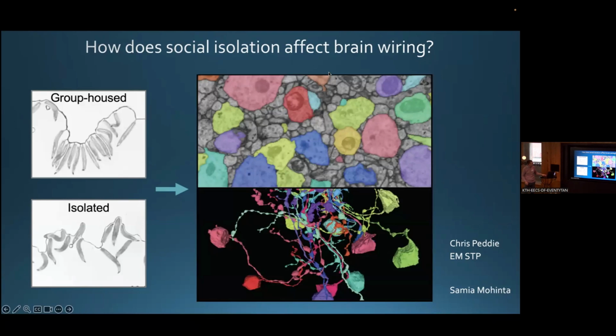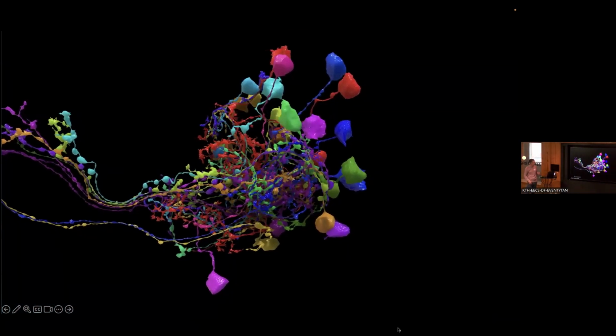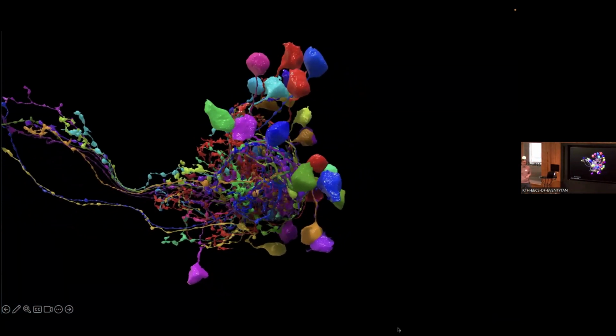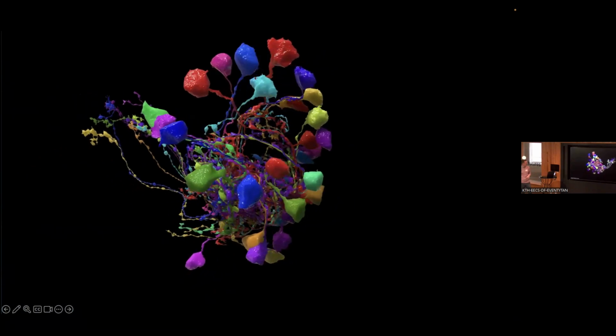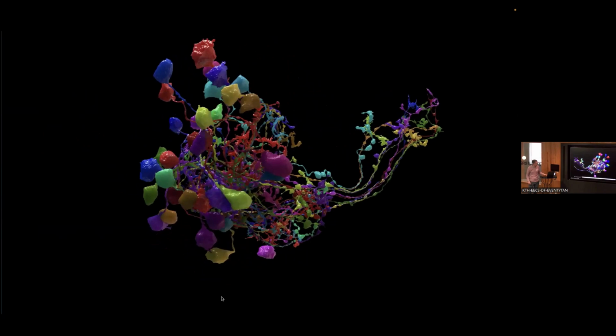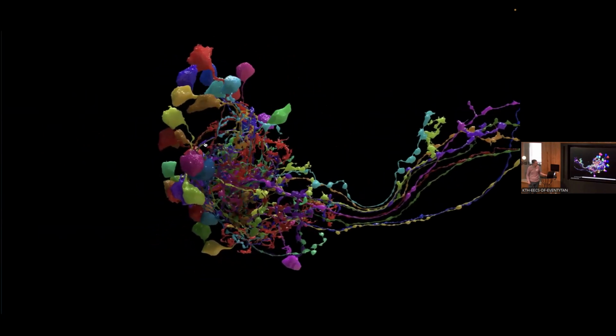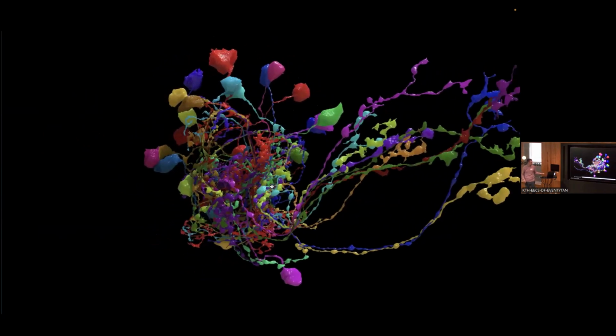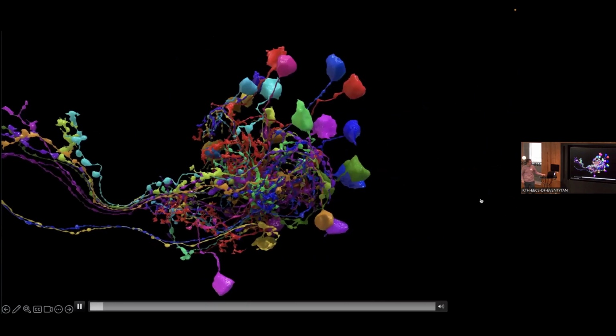This is the raw data, but here are some of the neuron reconstructions. These are about a dozen neurons in one of the preliminary data sets we've generated. What you're looking at are the axons over here on the left, and then many dendrites here on the right. Okay, great.